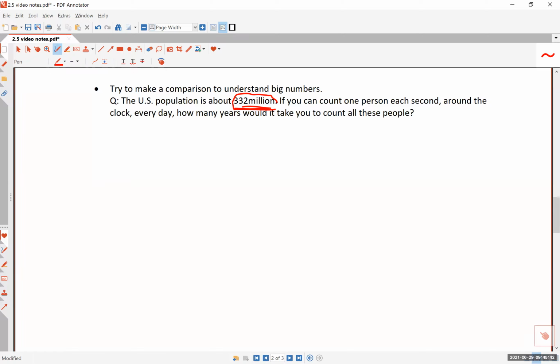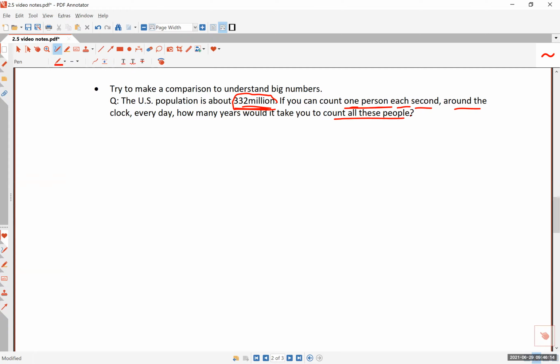If you can count one person each second, let's say you know everybody's name in America and you call everybody by name, one person's name each and every second, around the clock, every second, every minute, every hour, every day, throughout the night, 24/7, how many years would it take to count all these people?